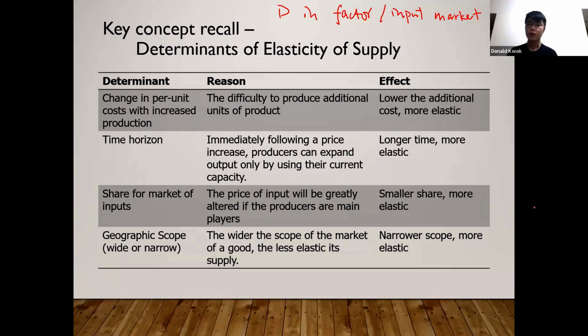But if you're talking about the oil supply in Hong Kong, for example, if you would like to increase the output of oil in Hong Kong, then you can simply draw resources from other regions, let's say other Asian countries or European countries, to use for the output in Hong Kong, right? So this shows that it will be easier for you to expand production in Hong Kong, the narrower scope. So finally, narrower scope, more elastic supply, and vice versa.